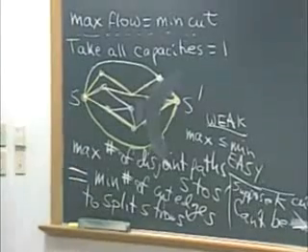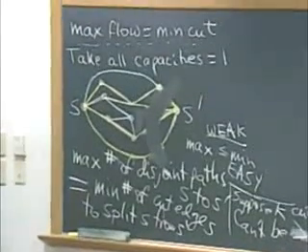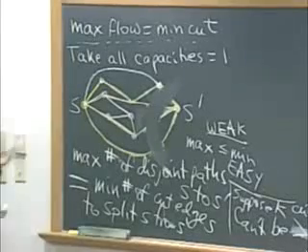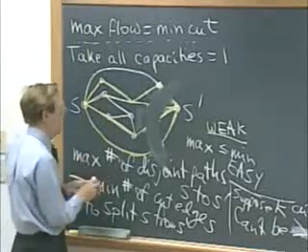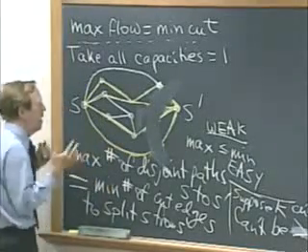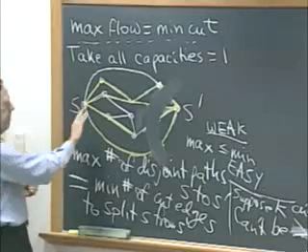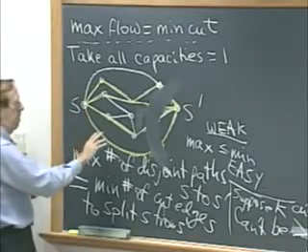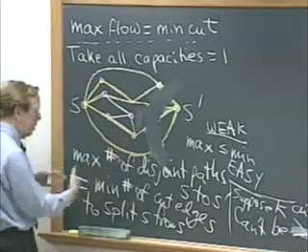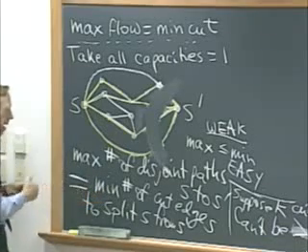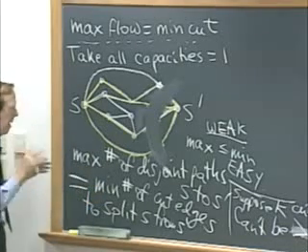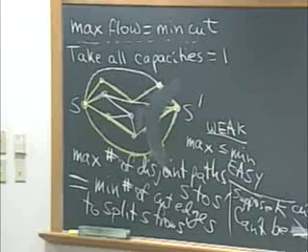And maybe here's a proof of equal. The idea of the proof is that suppose we have a maximum flow. Yeah, this is in the book, and it's hard to take in verbally.